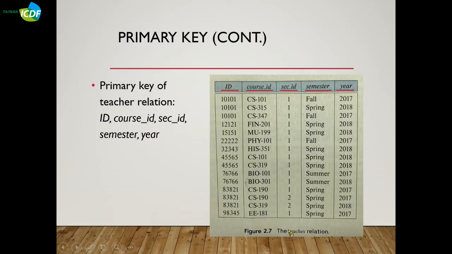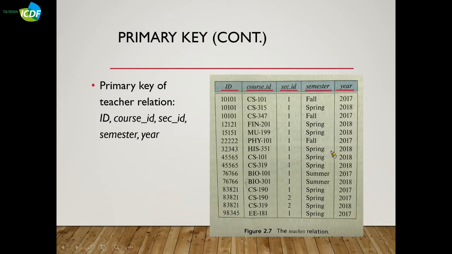And now let's consider the teaches relation. This relation contains 5 attributes: ID, course ID, section ID, semester, and year. Let's explain this tuple. It means instructor 10101 teaches course CS-101 in the first section of semester 4 in 2017.